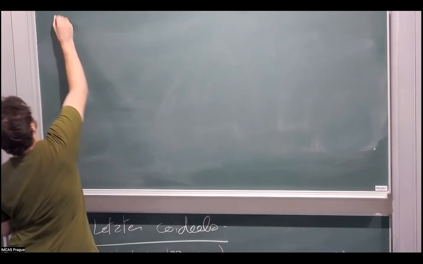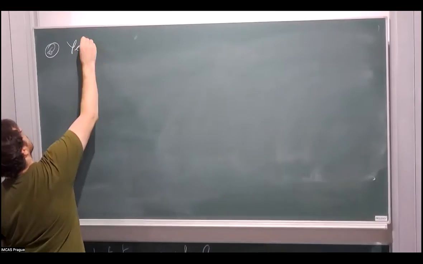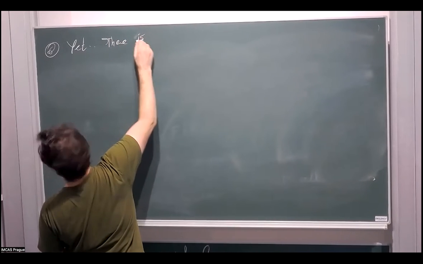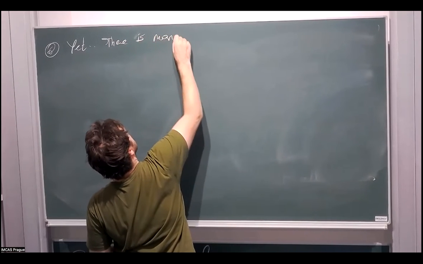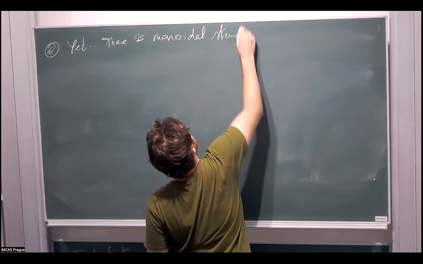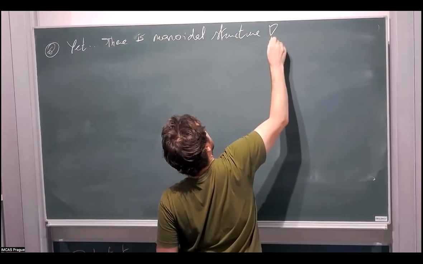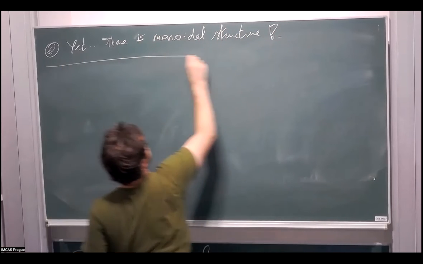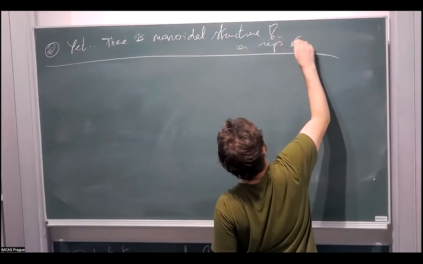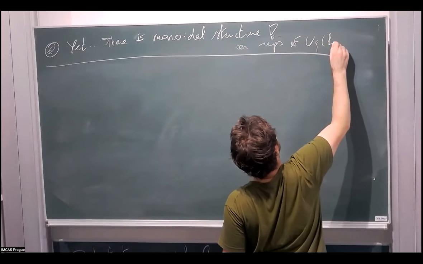Six: yet there is a monoidal structure on representations of UQL.